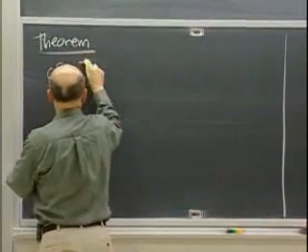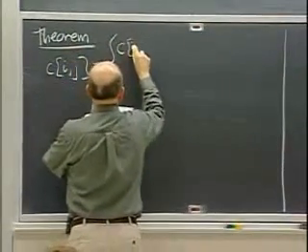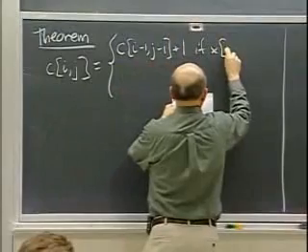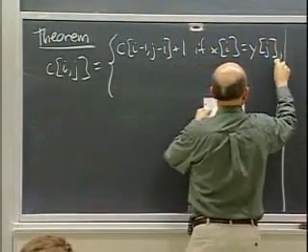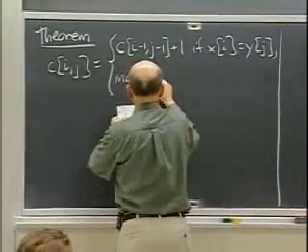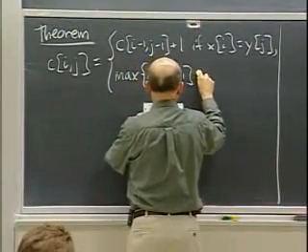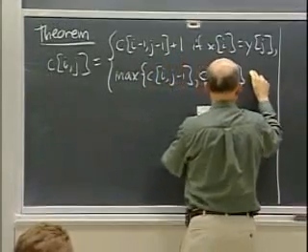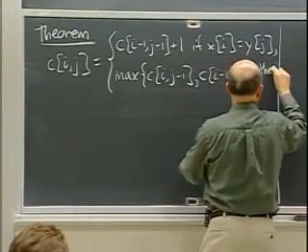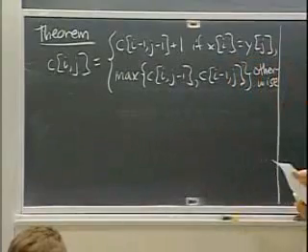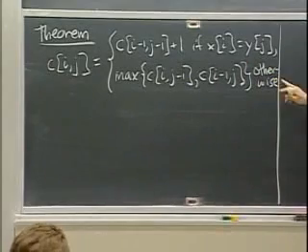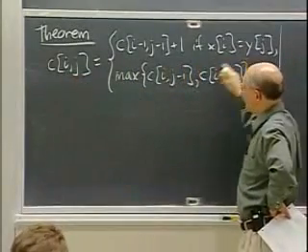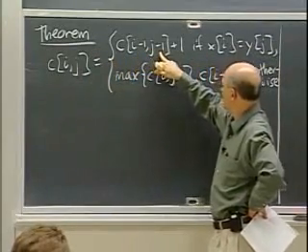Okay, so our theorem is going to say that C of ij is just: if the ith character of x matches the jth character of y, then C of ij is just C of i minus 1, j minus 1, plus 1.